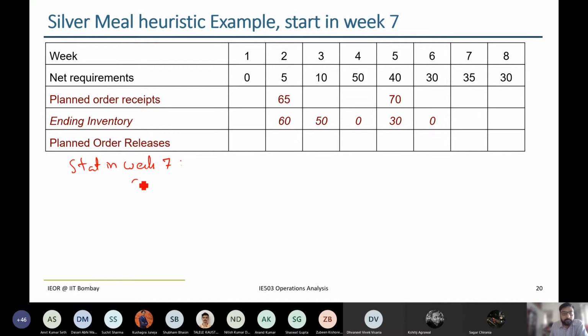So start in week 7. Then C of 1 will be just 132. Again, this will be R1 and this R2. C of 2 will be 132 plus 0.6 into 30 by 2, which comes out to be 75.